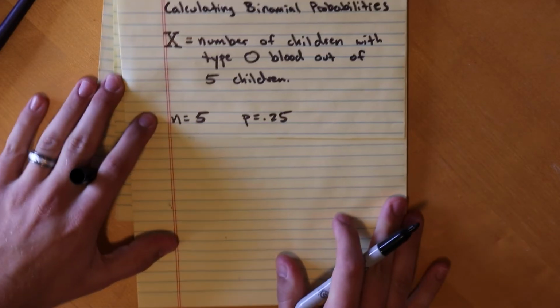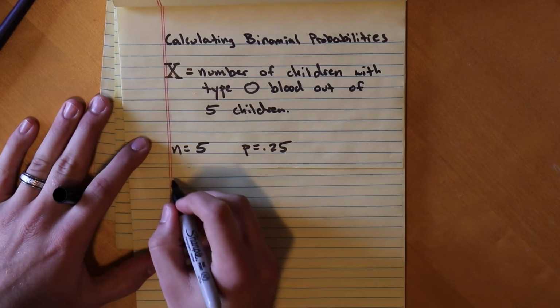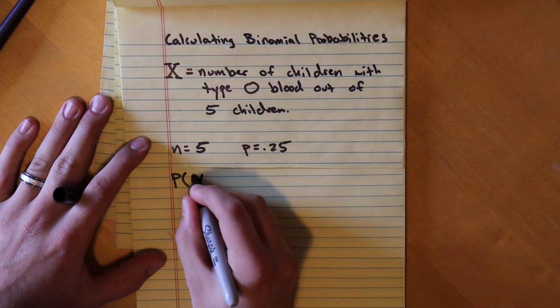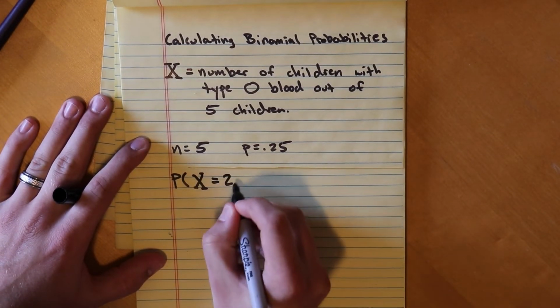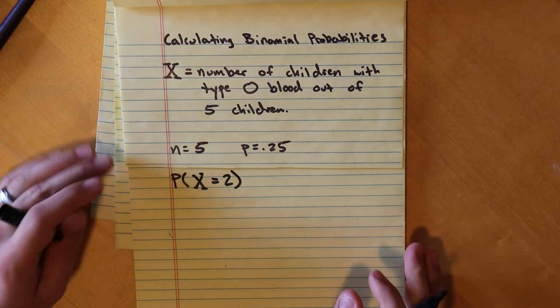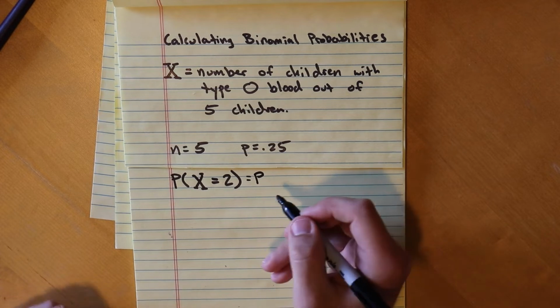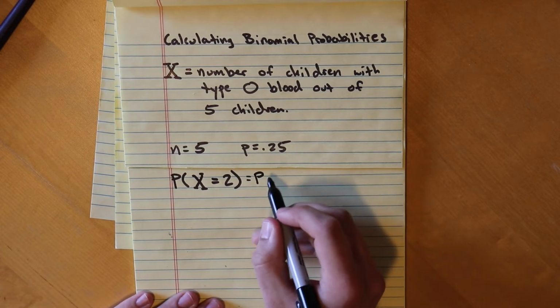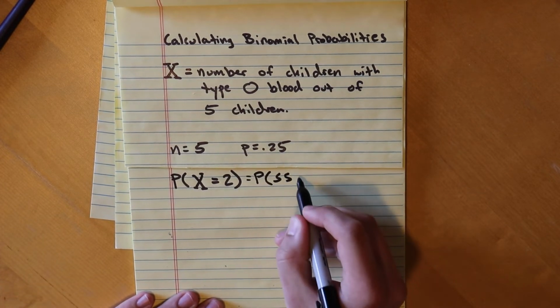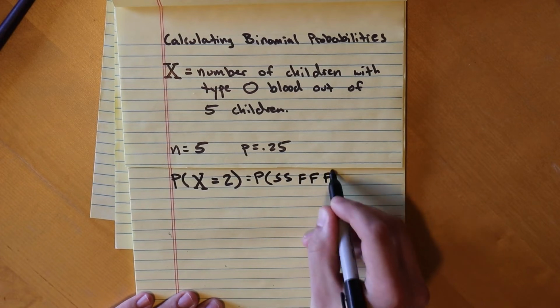Let's say now we have the same exact setting, but now we want the probability that X doesn't equal 1, but it's 2. I could think about just one simple case, and I'll have to think about the total number of arrangements. So I could do success, success, failure, failure, failure.